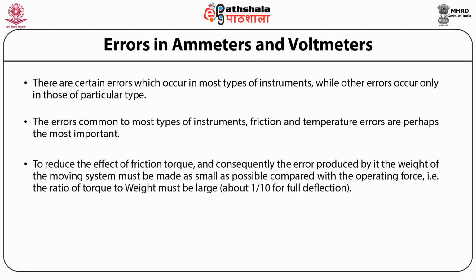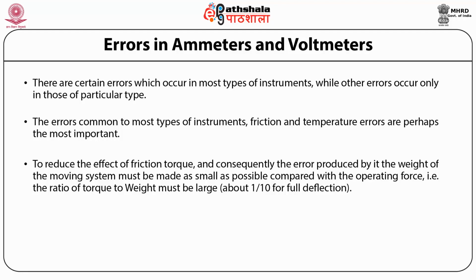To reduce the effect of friction torque and consequently the error produced by it, the weight of the moving system must be made as small as possible compared with the operating force.